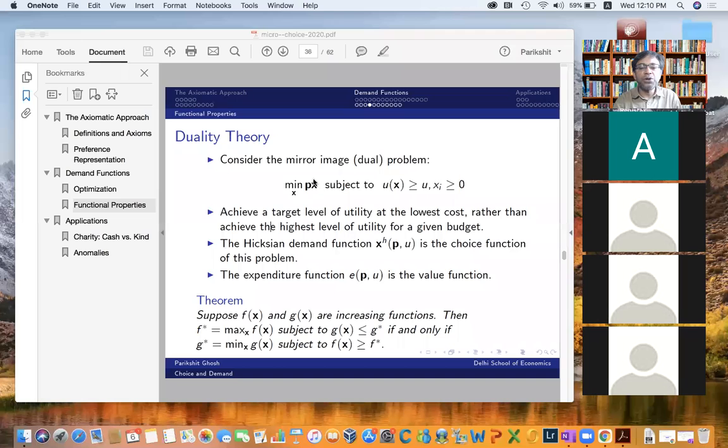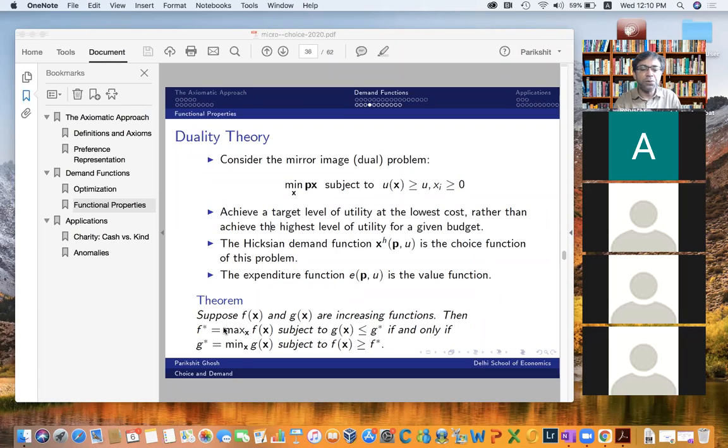So here's the more general statement of the relevant mathematical result. So let's say fx and gx are increasing functions. And suppose we look at this problem, maximize fx subject to gx not exceeding some given number g star.